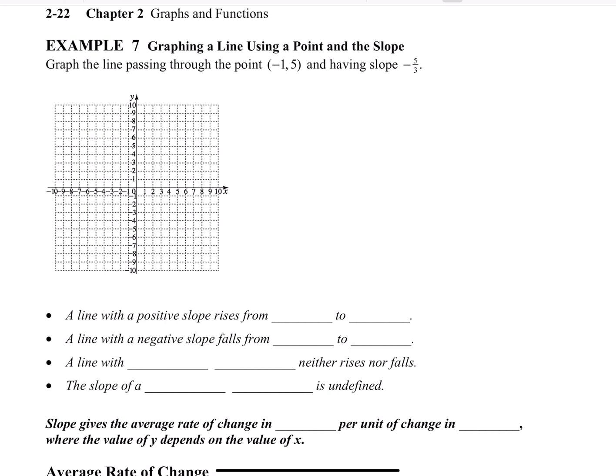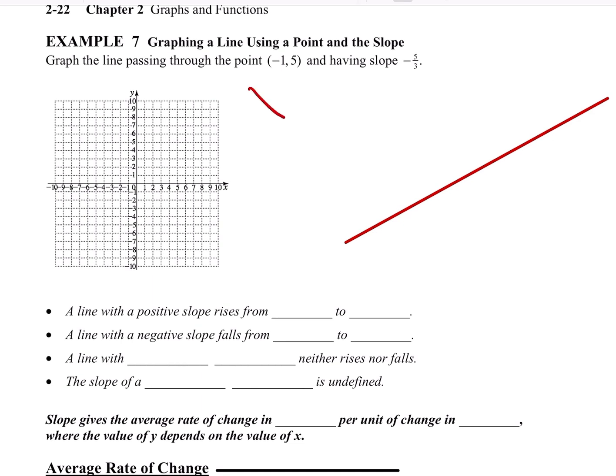Because the slope is negative, let me show you something. If you have that line, okay? If the equation is that way, the slope is positive. If the linear equation is like this, the slope is negative.